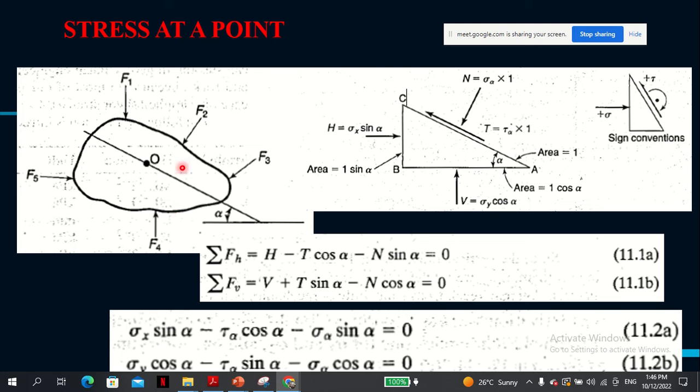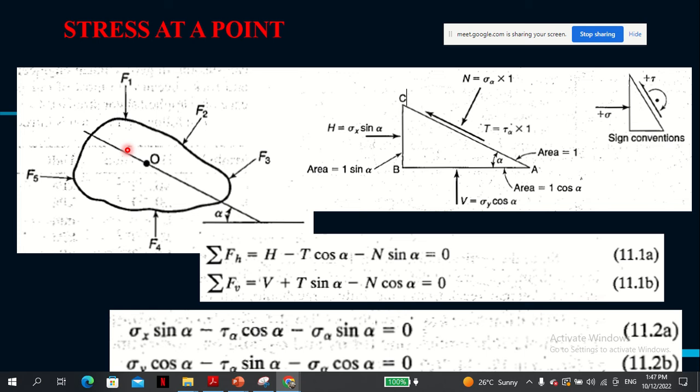Now we are interested in a simple way to know, because you have loaded the soil, the effect of these loadings on any plane. This is what we're trying to do. So this is a simplistic way.